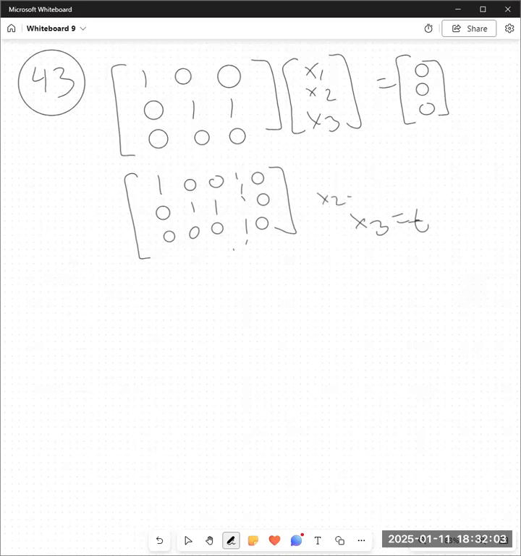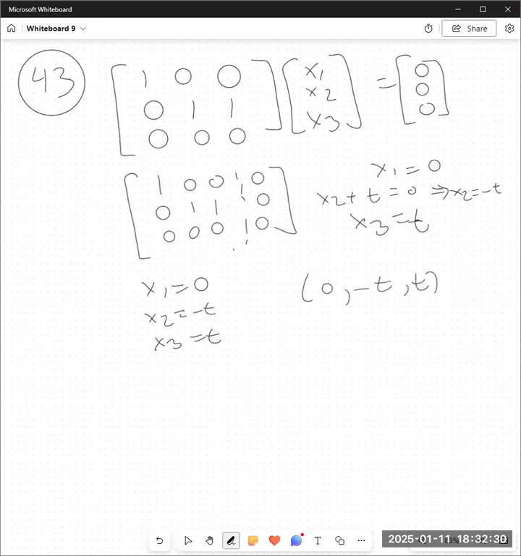So x2 plus x3, which is t, is equal to 0, which tells me that x2 is equal to negative t, and x1 is just equal to 0 here. So my solution here, x1 equals 0, x2 is equal to negative t, x3 is equal to t, and I could write that as an n-tuple, and that means that there's infinitely many solutions to this.